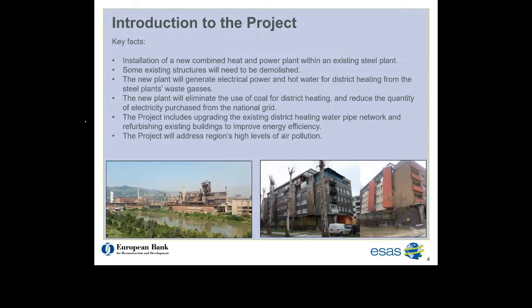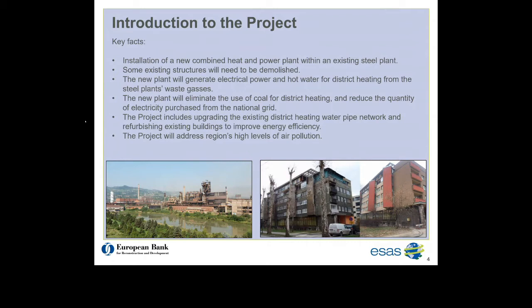Key facts. So the project involves the installation of a new combined heat and power plant within an existing steel plant. So it's the construction of a new facility within an existing industrial activity. Some existing structures will need to be demolished, and the new plant will generate electrical power and hot water for district heating from the steel plant's waste gases.